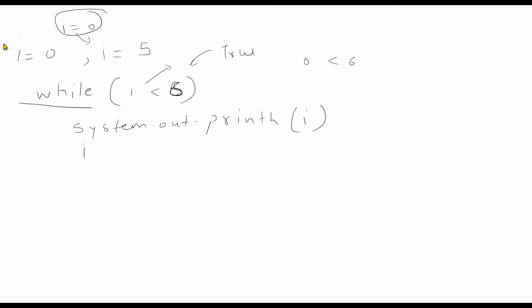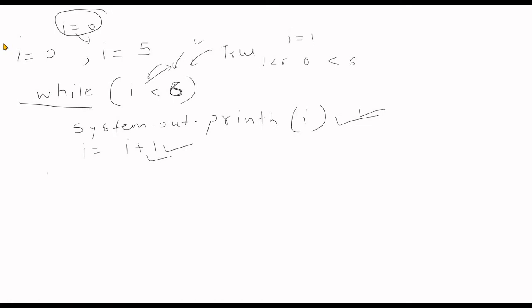We will say i equals i plus 1, that is every time the looping operation is performed our value gets updated by 1, so that in the next step i becomes 1 and it will be checked against this condition, and since 1 is less than 6, our statement will be performed again and our value will be updated again till this condition remains true.